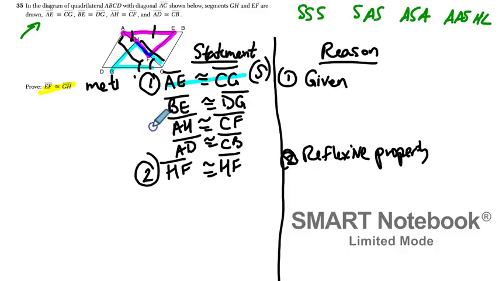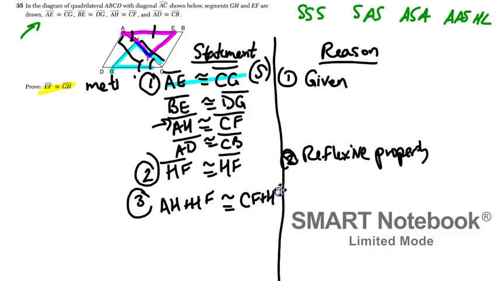And since I know that AH is congruent to CF, and HF is congruent to HF, then AH plus HF is congruent to CF plus HF.